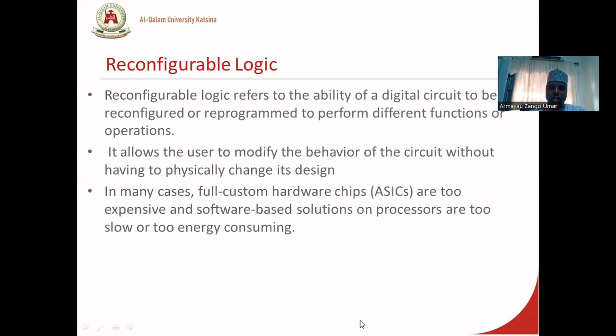How that works is usually through configuration data. This is desirable when we cannot afford to go for full custom hardware chips in the form of ASICs because they are simply too expensive, and we don't want to go for processors because they are too slow.